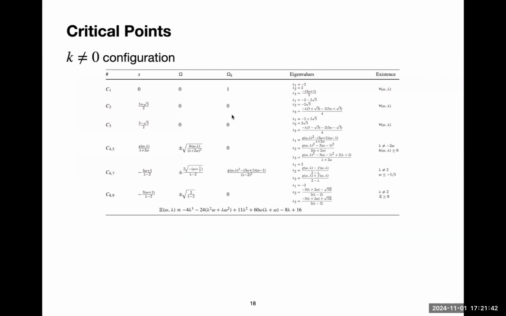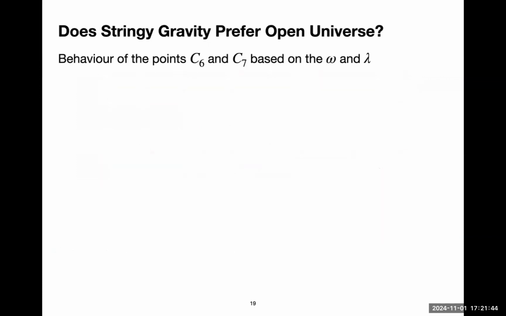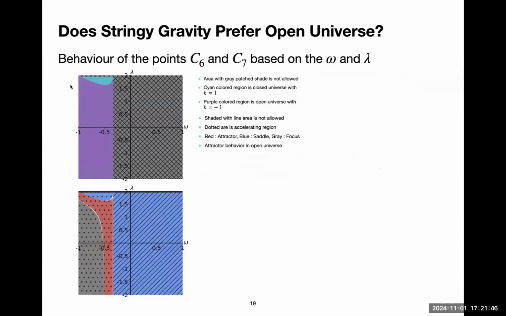So there might be a period of time in the evolution of string gravity where there is a dependence on the closed universe curvature contribution coming from the C6 and C7 points, but it's not always there because it's a really small subset of equation of state parameters.